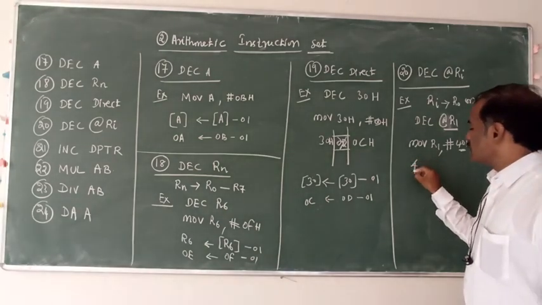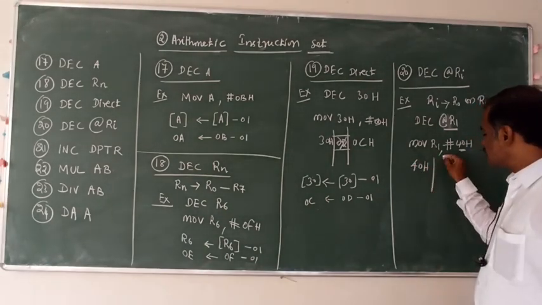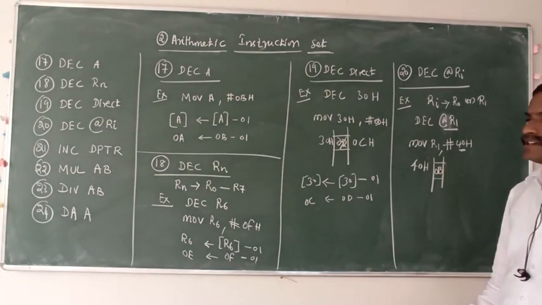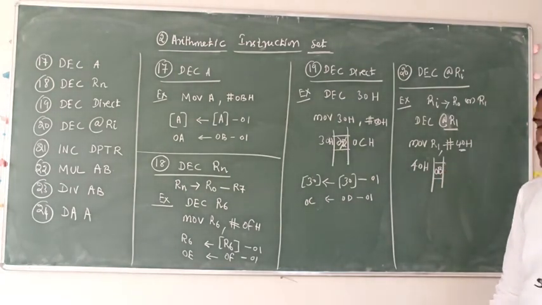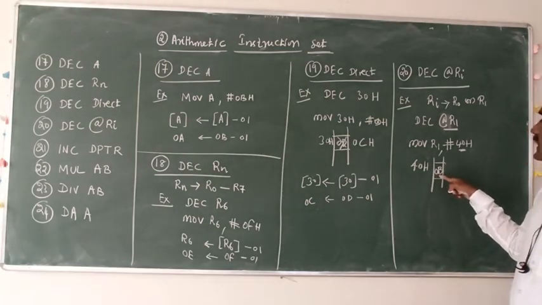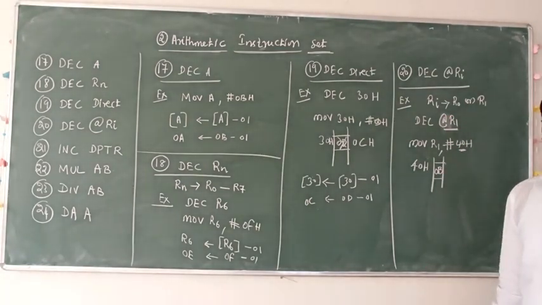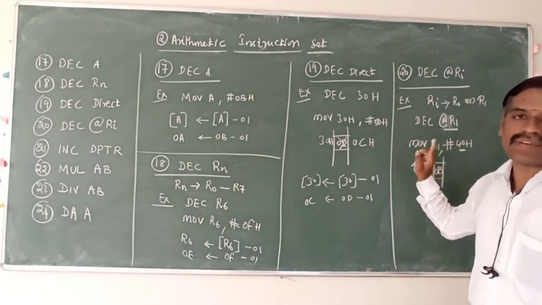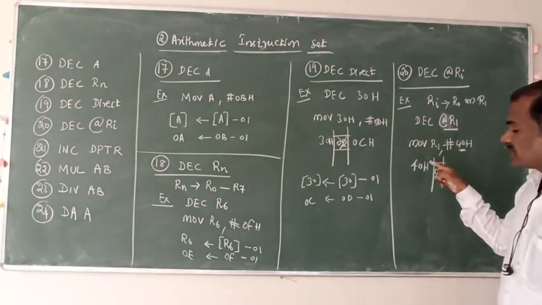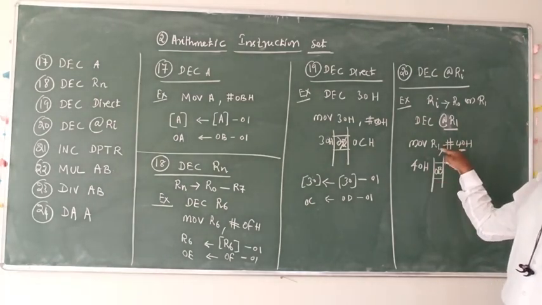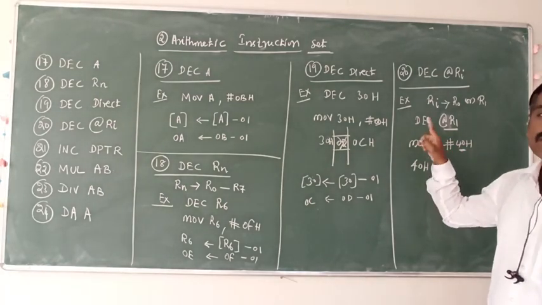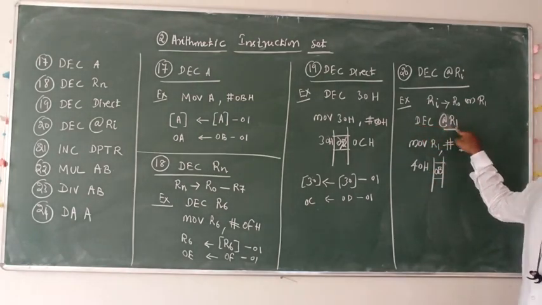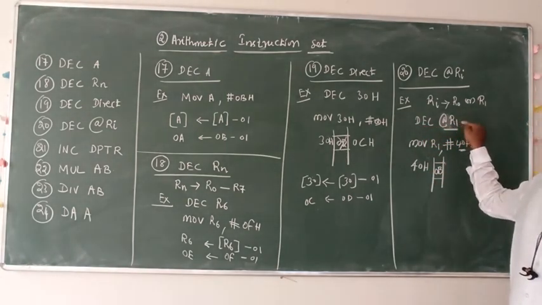Okay, now in 40H address, data 0B is available. We have to decrement the data single times. Data is not directly available in a register or memory. The data will be available in memory, and the memory address will be available in the internal register. So we have to decrement. For that we have to use this type of instruction, DEC @Ri.